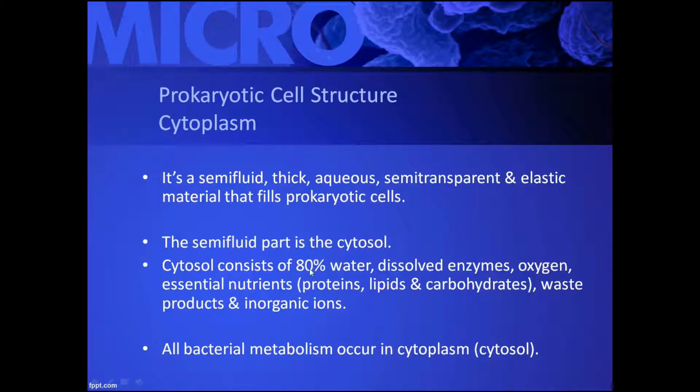The cytosol consists of 80% water, dissolved enzymes, oxygen, essential nutrients, proteins, lipids, carbohydrates, waste products, and inorganic ions. The bacteria has all these things in the cytosol, in the cytoplasm, because bacterial metabolism occurs only in the cytoplasm. They don't have membrane-bound organelles like the mitochondria and other organelles.